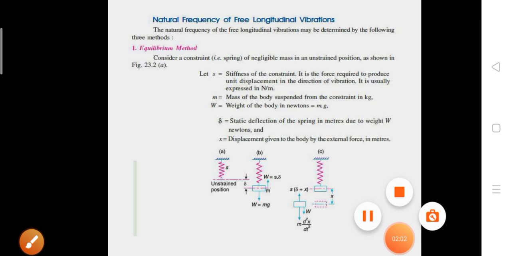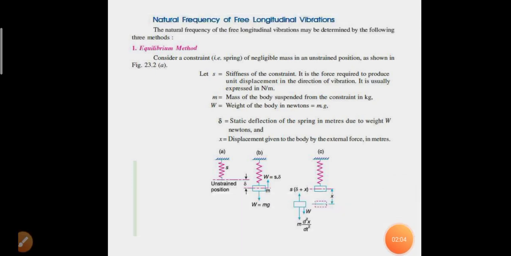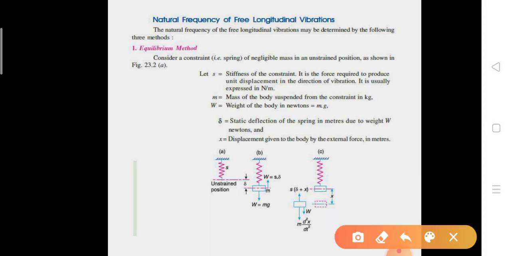So then what you do, you just apply a small mass to the end of that spring. Because of that mass, some force will act on the system. That force is called as mg force, or weight of that mass.